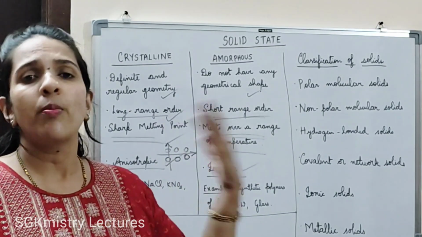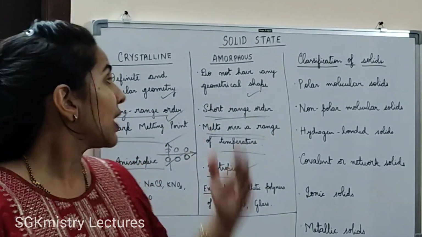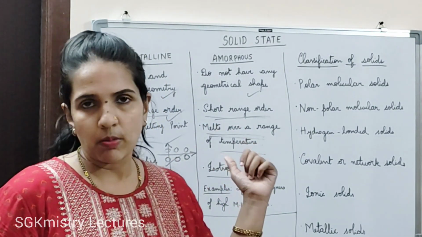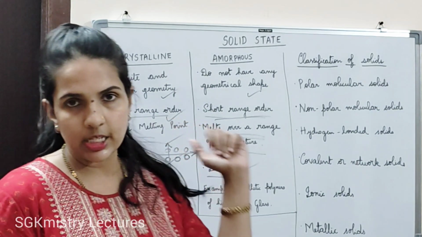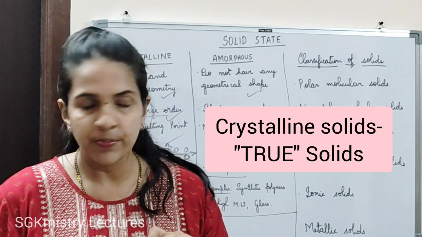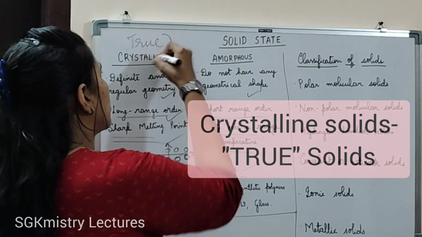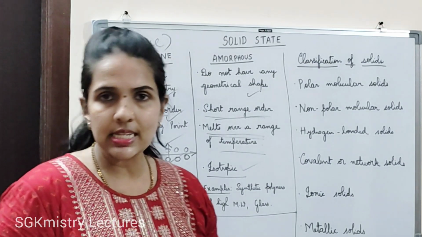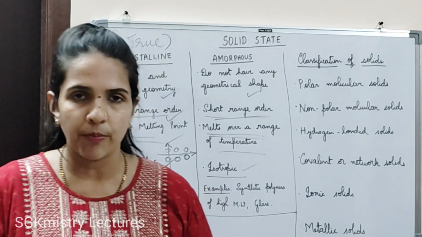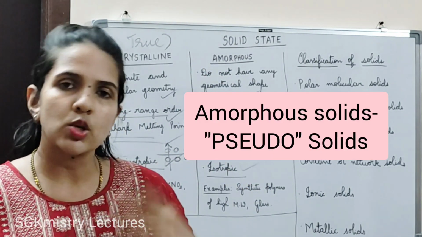One more common name: since there is a definite arrangement of particles in three-dimensional space in crystalline solids, we call them true solids. Whereas amorphous solids, since there is no definite arrangement of particles, we call pseudo solids or false solids.